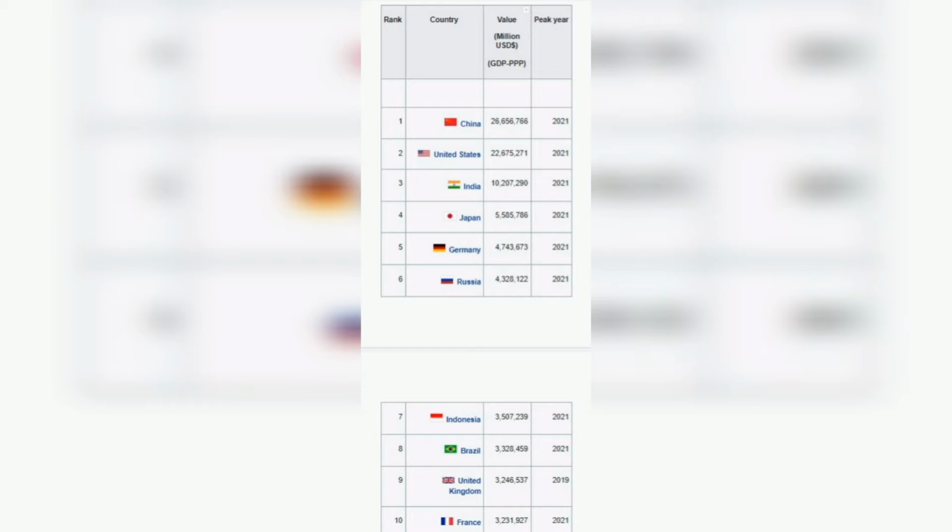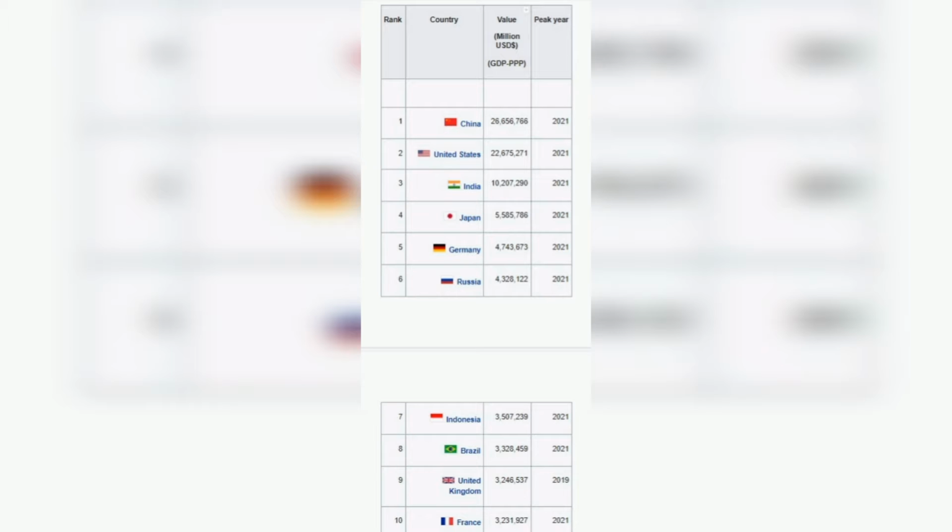We have seen that India is on sixth number by $3 trillion nominal GDP, but considering PPP GDP, India is on third number by $10.2 trillion. In other words, India is the third largest economy of the world.